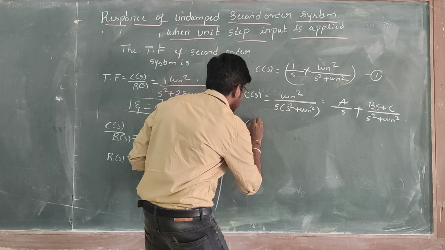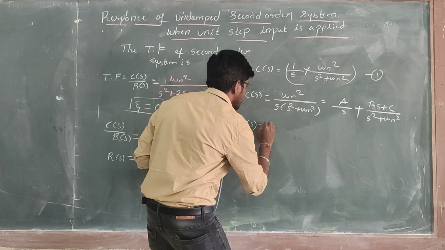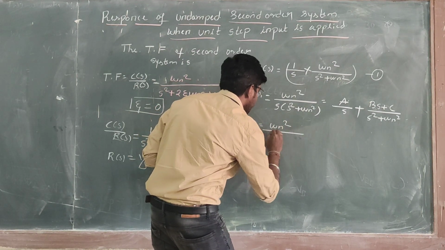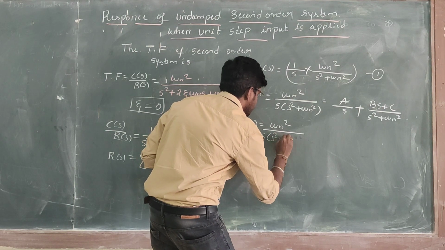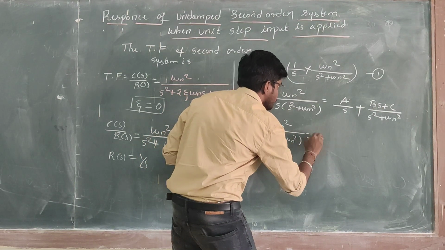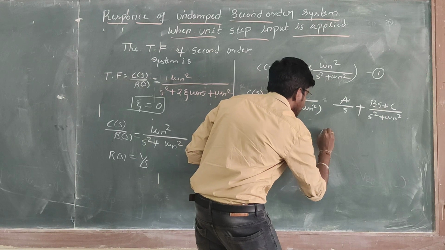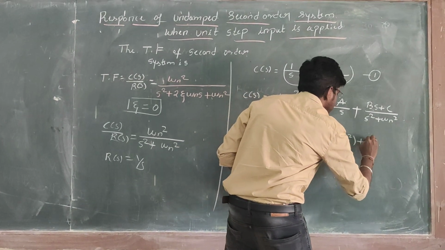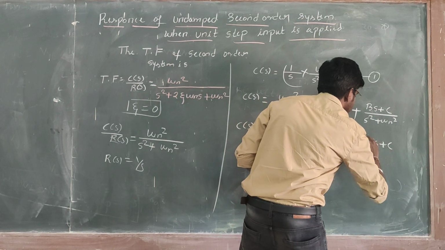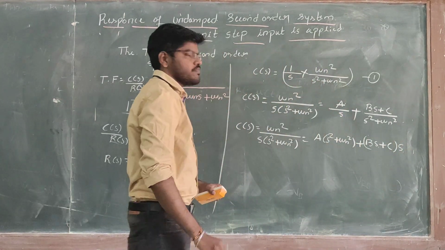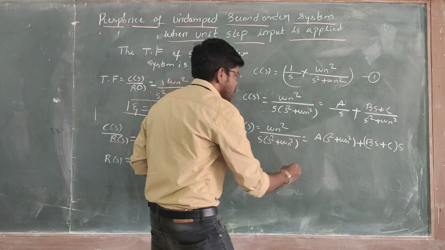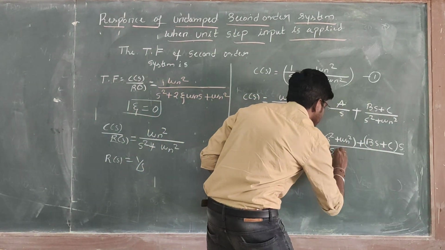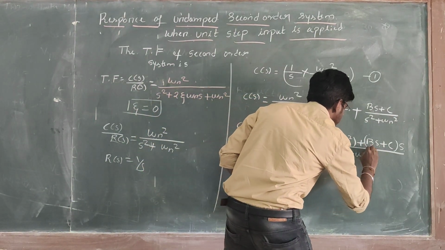So C of s equals omega n square divided by s into s square plus omega n square, which equals, cross multiplying, a into s square plus omega n square plus bs plus c into s, divided by s into s square plus omega n square.